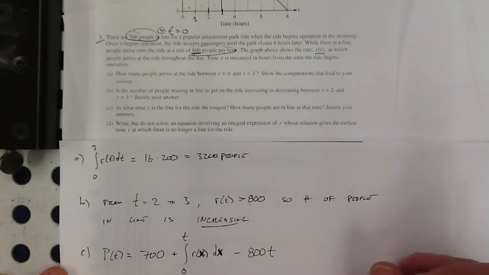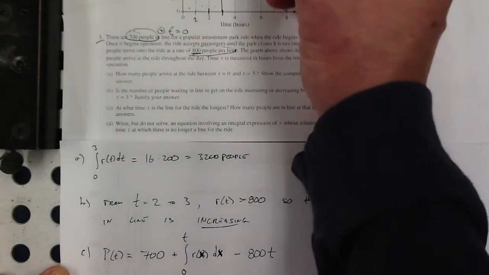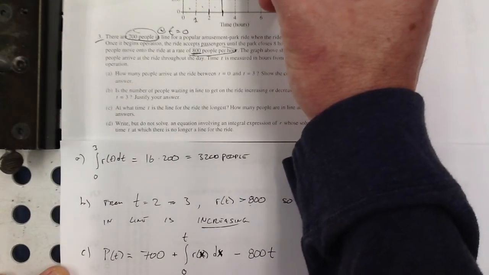So what this is telling me, and this should make sense to us, is that when the rate of people coming into the line is 800, then that's when we're going to have a maximum, right? Right there.